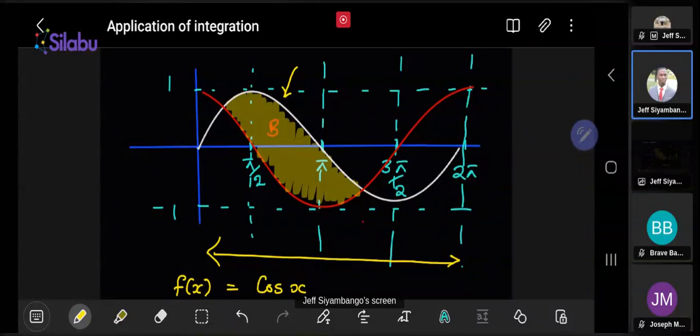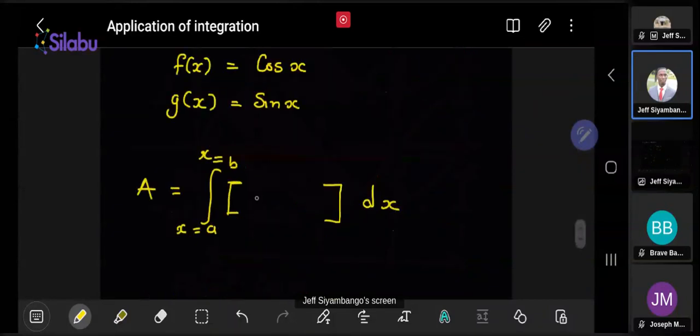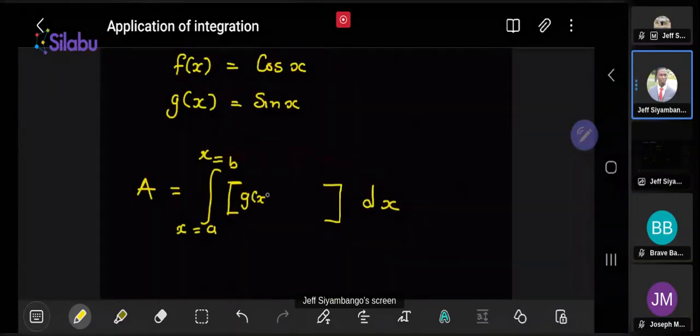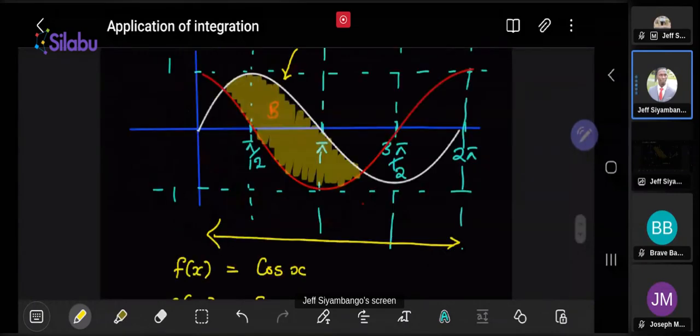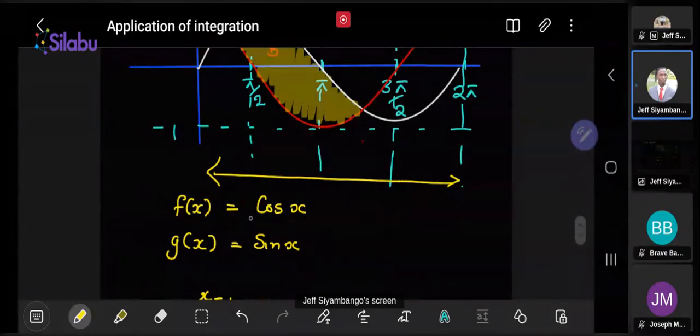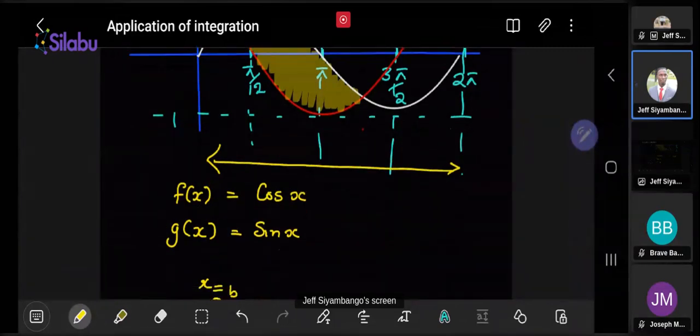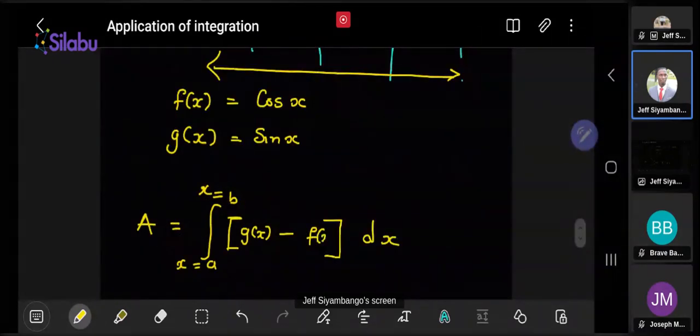So I will have g of x here, minus the function down. Red is the function down, and red is the cosine function, f of x. So I end up with f of x here. This is the integral we're performing.